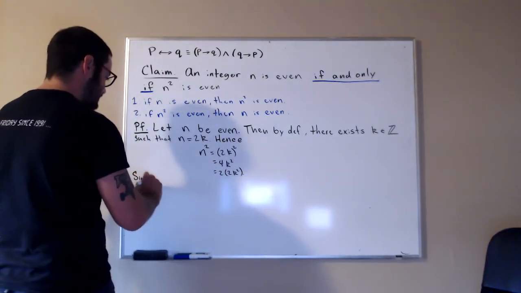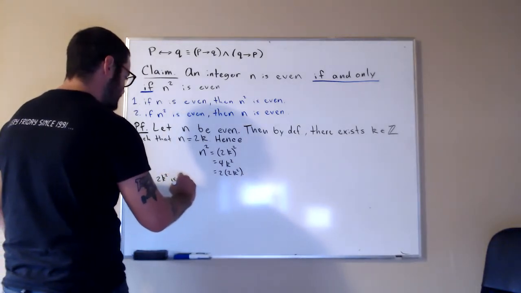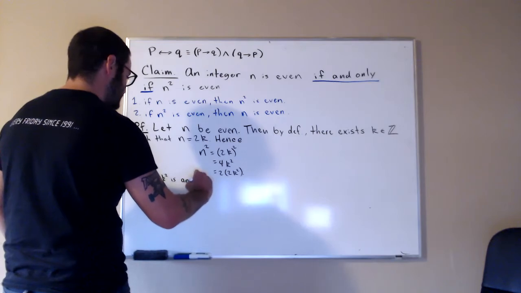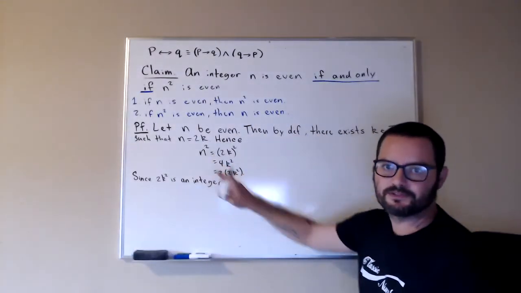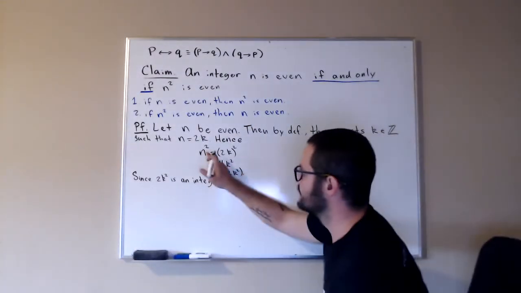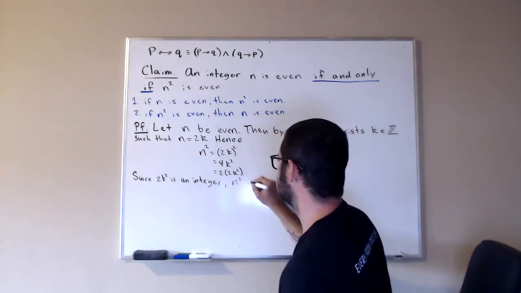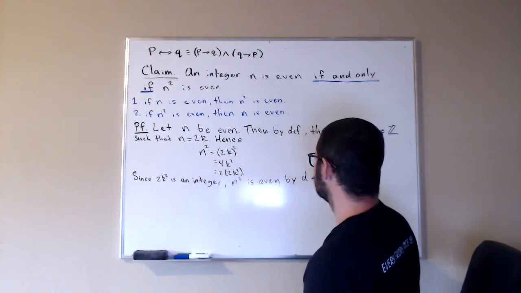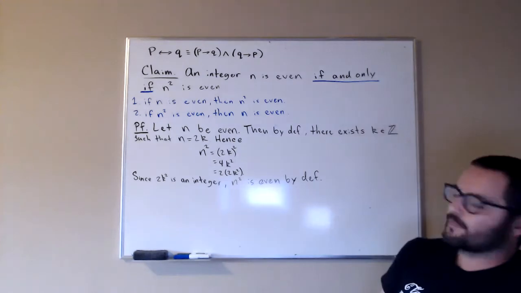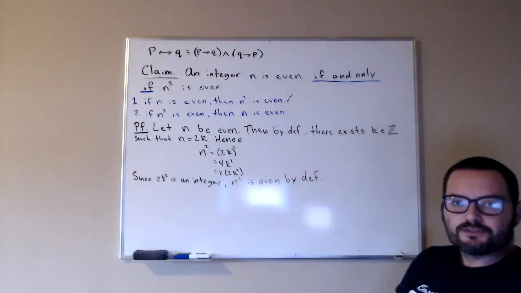Since 2k squared is an integer, we have shown n squared to be twice an integer, so n squared is even by definition. So that proves part 1 of this biconditional statement.